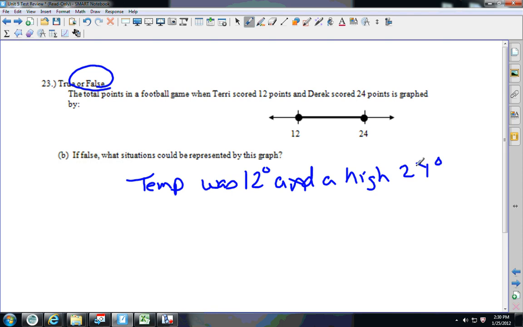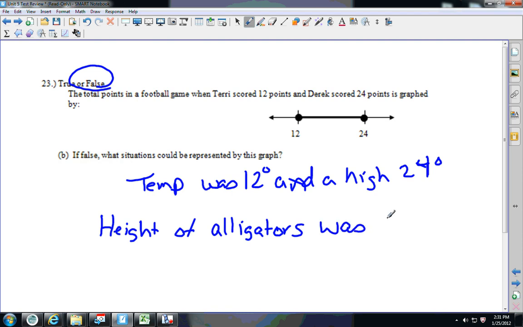It could be that the height of the alligators was 12 inches to 24 inches. You could do something like that. It'd have to be something that was continuous, that could go with every decimal and fraction in between the two numbers.